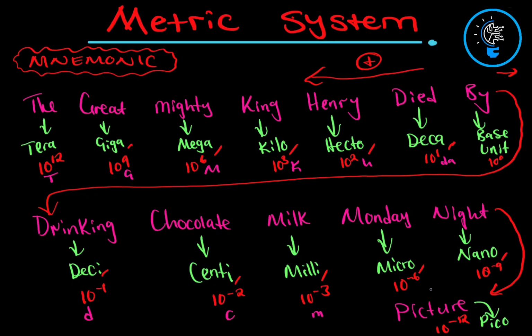It's represented by mu, a Greek letter, pronounced as mu. Then nano is represented by small letter n, and pico is represented by small letter p.